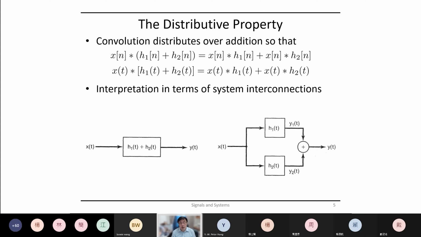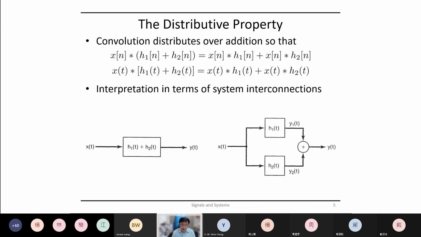Now this has some system implications. If you do it according to the right-hand side, then from a system level, what you're doing is first passing x through a system with impulse response h1, like the figure down here, and passing x also through another system h2, and then adding them up to get the final output y.